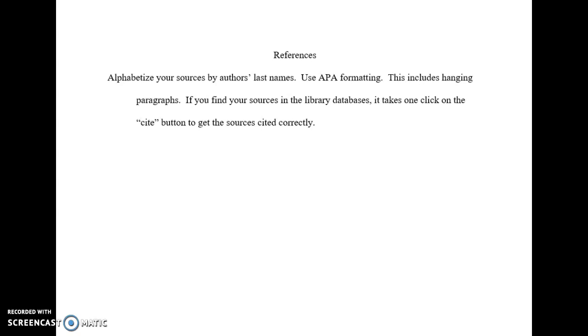You can also create a hanging paragraph in Word yourself if you'd like to by going to Paragraph, Special, and selecting Hanging. Make sure that you're using APA formatting, and I highly recommend using the library databases for this because you can literally click the cite button and get the sources cited correctly. Make sure you're alphabetizing by authors' last names, and that you're actually using APA.